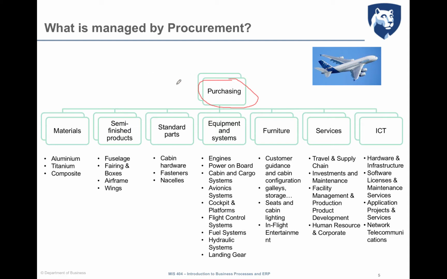Under the purchasing scope, there is materials purchasing like aluminum, titanium, composites. There are semi-finished products like fuselage, fairing and boxes, airframe, wings. There are start-up parts to be purchased like cabin hardware, fasteners and nacelles. But there are also intangible goods, that is services, to be purchased, like travel and supply chain services, investment and maintenance, facility management, product development, human resource services, corporate services, and all the ICT services like hardware, software licenses, application projects and services.